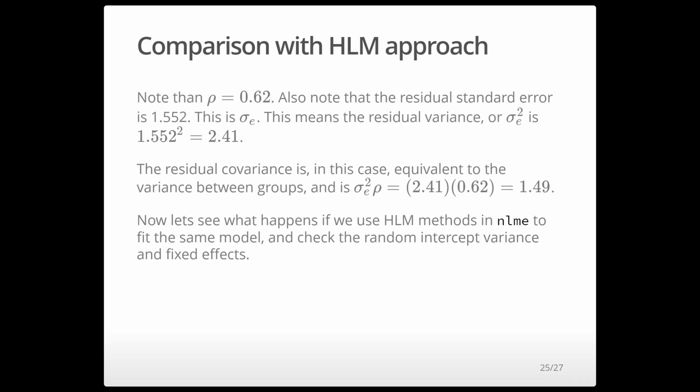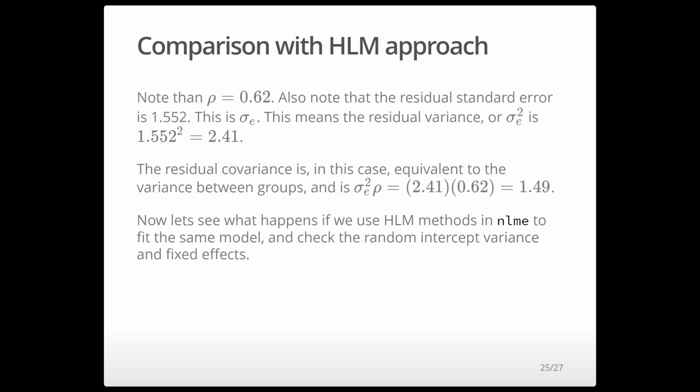And so we get the residual covariance, the off-diagonal element that we're interested in, by multiplying the residual variance by the rho parameter. So we multiply 2.41 times 0.62, and we get 1.49.